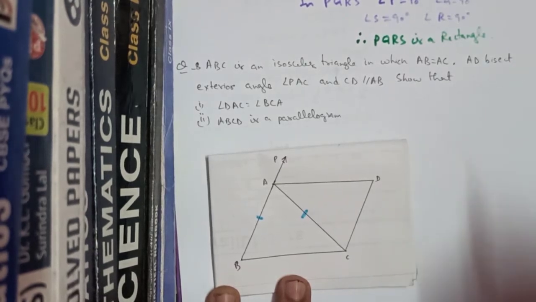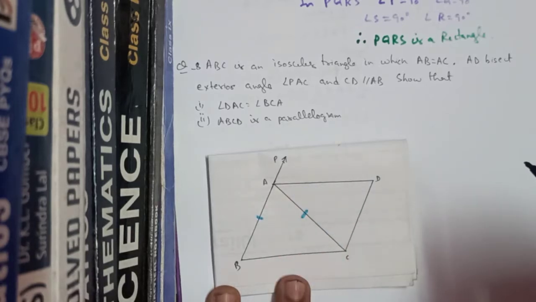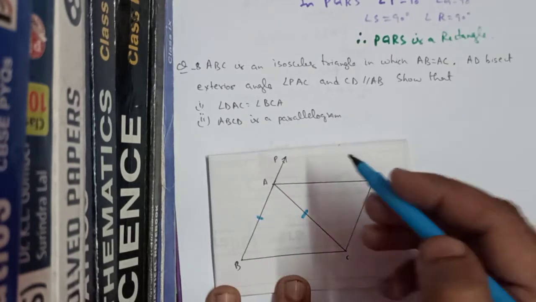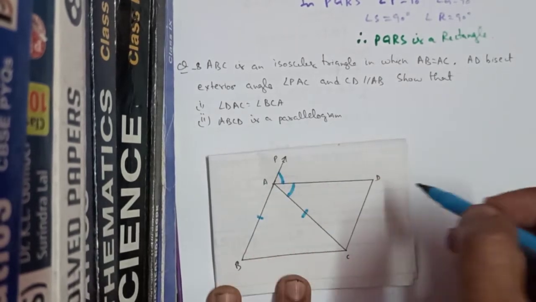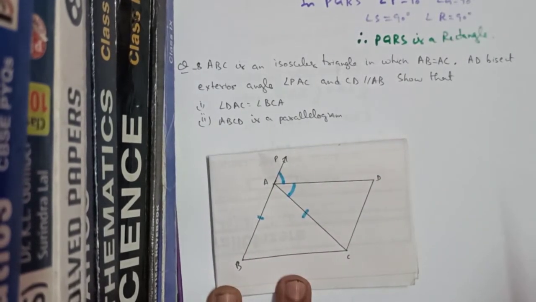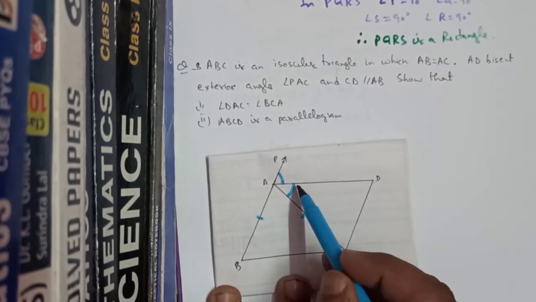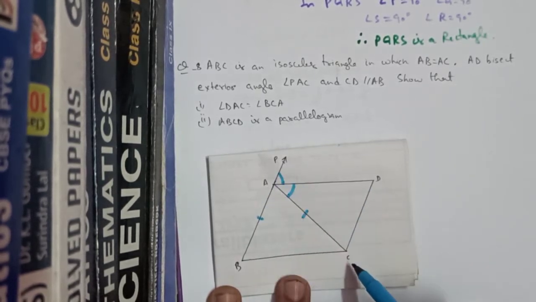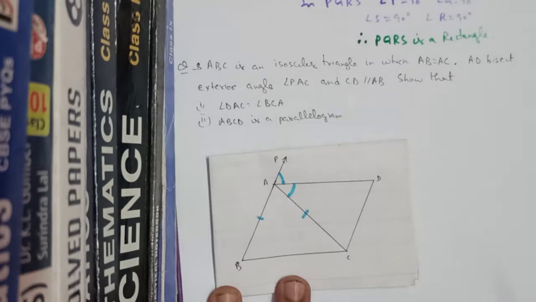AD bisects exterior angle PAC. Since AD is bisecting this angle, AD is dividing angle PAC into two equal parts, that is, angle PAD and angle DAC will be equal.